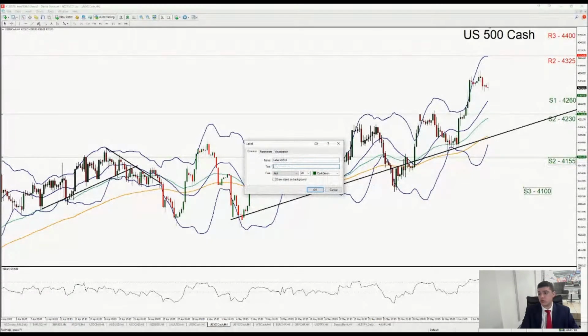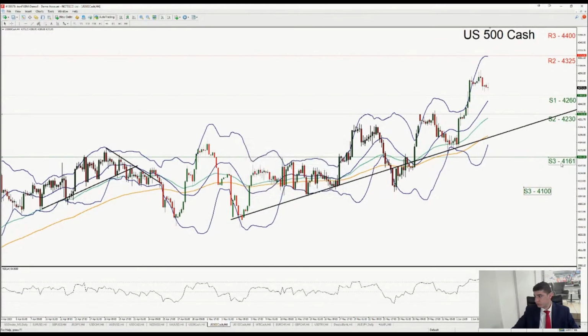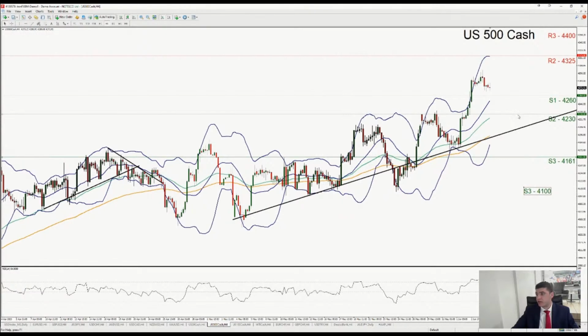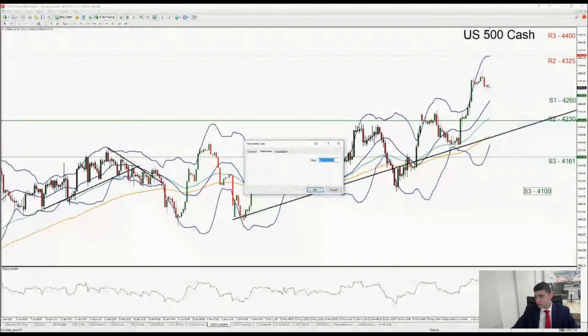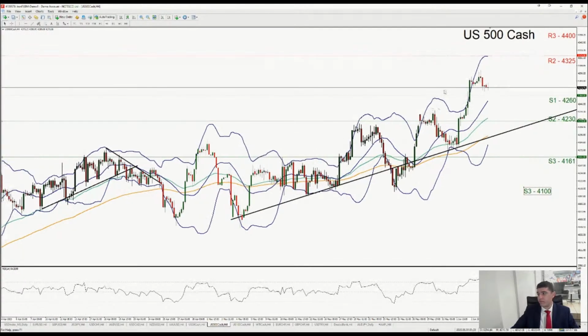So this is S2. Yep, now this becomes S3. Perhaps S2 could be brought slightly lower. Our new S2, 4,219. Much better, providing some room for price action to move.